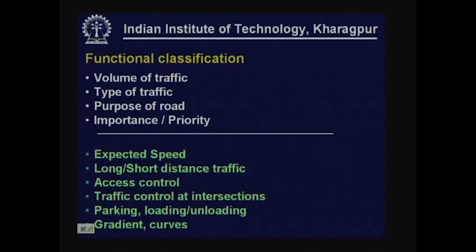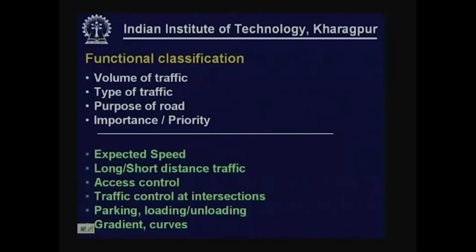So, that may be different for different types of road. The traffic control at intersections, the way we are handling traffic or controlling traffic at intersections, that may be different. Obviously, higher priority means we want to take measures so that the delay at the crossings or the intersections is minimized.